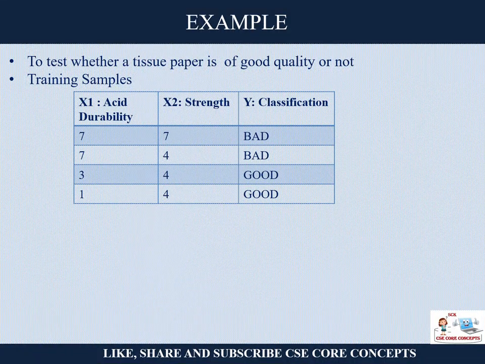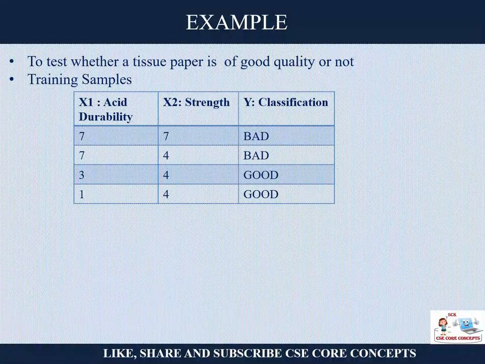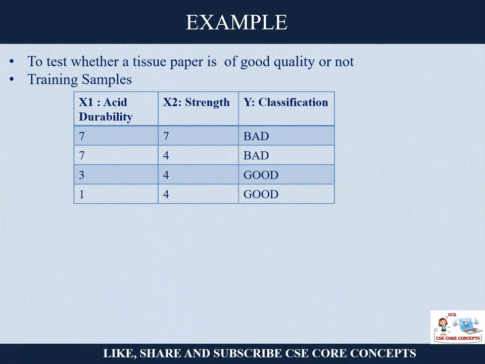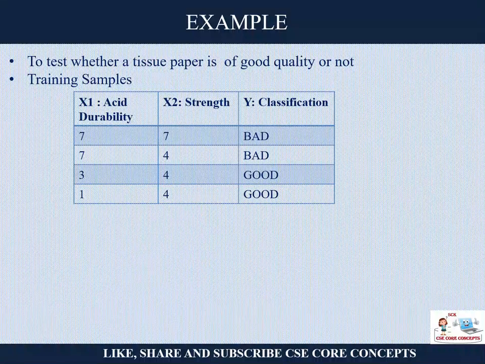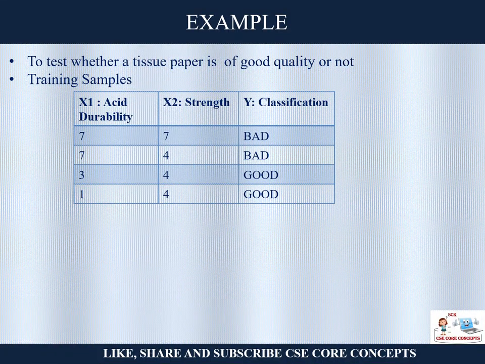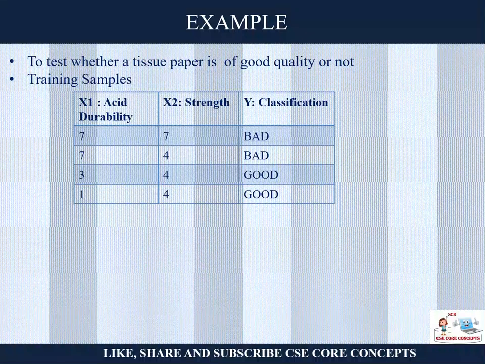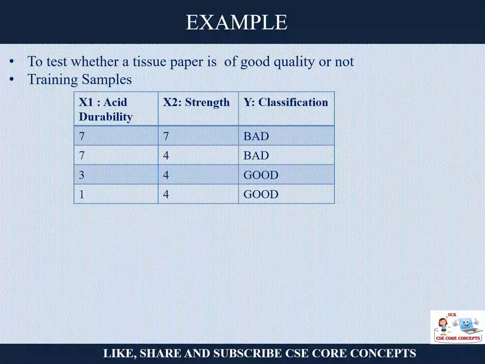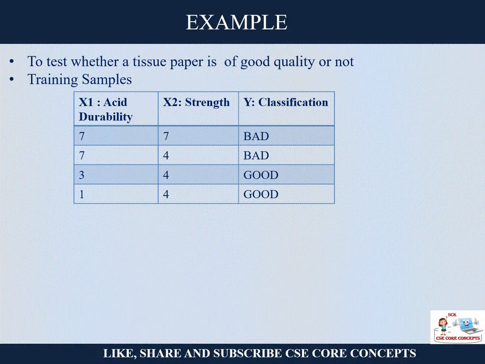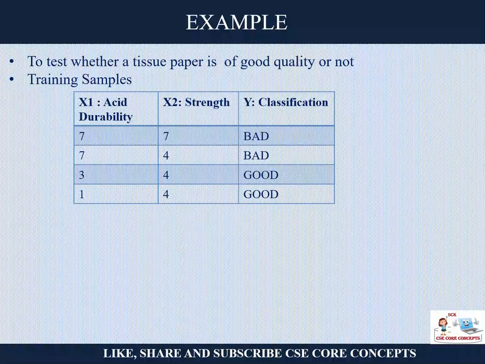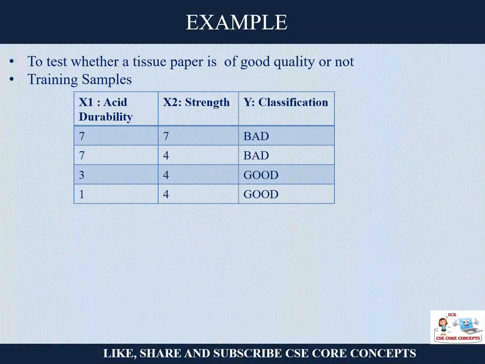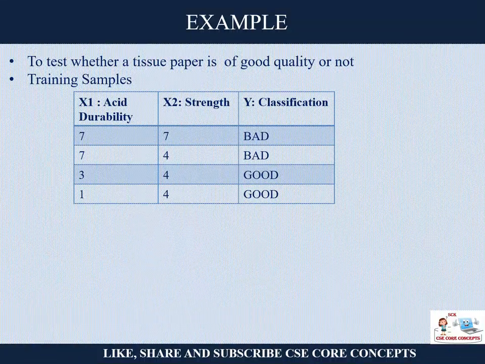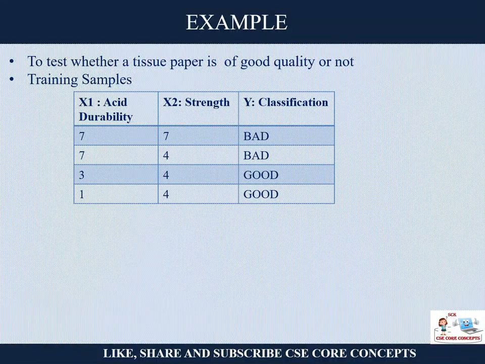The quality of the tissue paper depends on two parameters, the acid durability and the strength. Based on the values of these two parameters, it will be decided whether it is a good quality or a bad quality paper. If the acid durability is 7 and strength is 7, it is a bad quality paper. If the acid durability is 7 and strength is 4, it is bad.